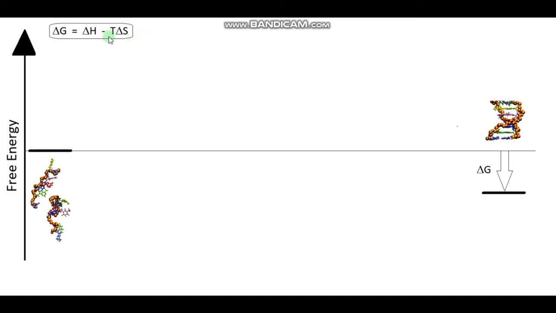But this term, T is just the temperature, but delta S is the entropy change. And we've seen that entropy is a measure of the dispersal of energy within a system. And that's important because everything that happens in the universe tends in the direction of spreading the energy out over more possible energy levels than it was before.